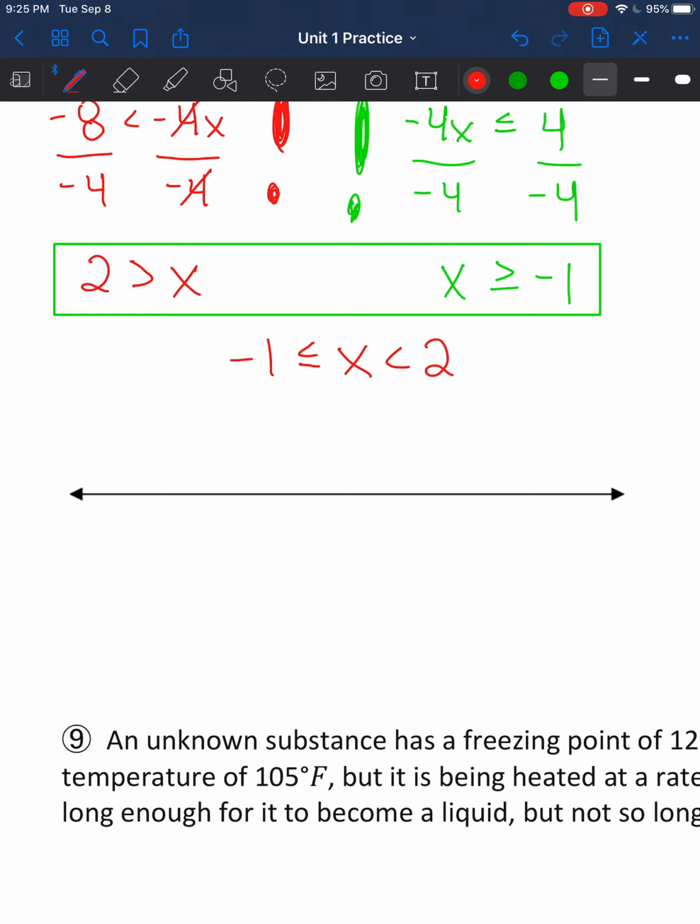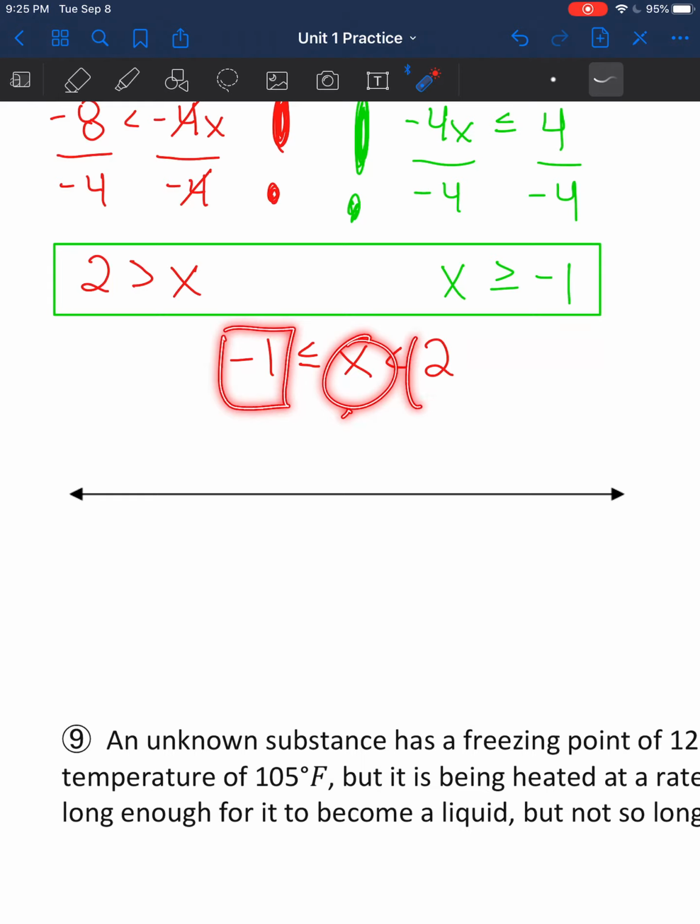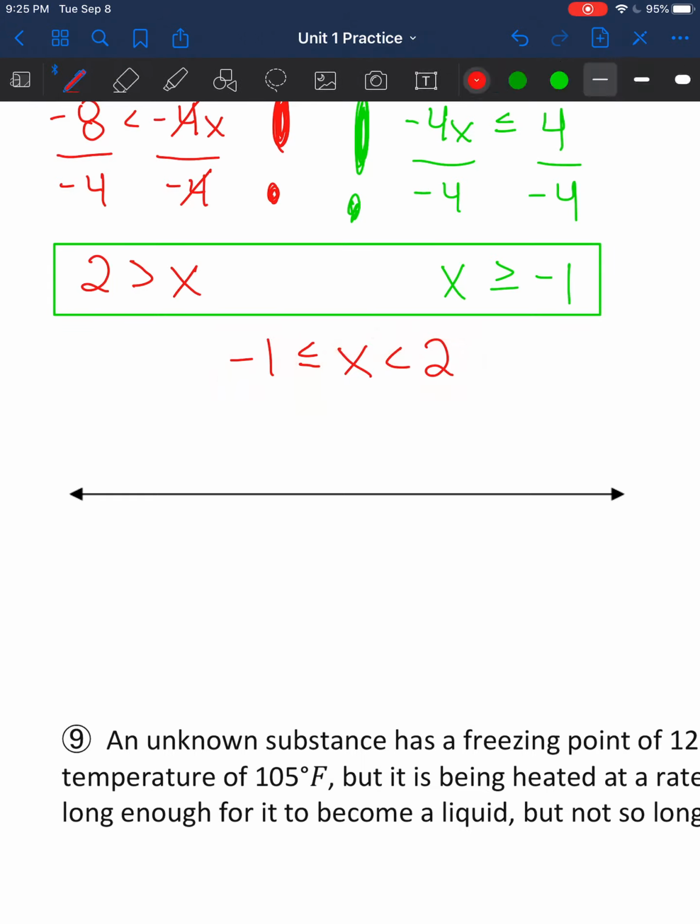You see I put the low number on the left side, and I put the high number on the right side. And the inequality signs are pointing to the left, and they stayed with the number that they were paired with. So my answer is that x is in between -1 and 2.